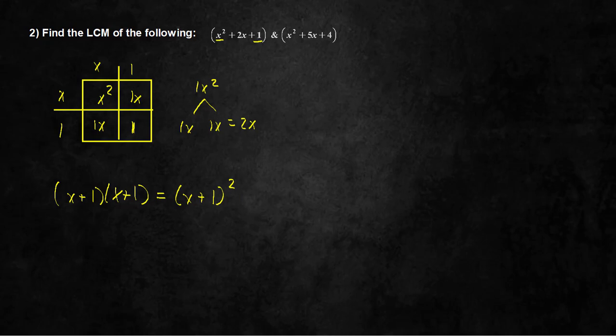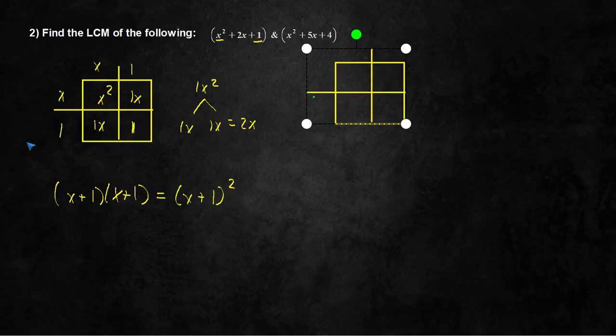Now we're going to do the same thing, but we are going to use the second one. And so we're going to be using the x squared plus 5x plus 4, so that's going to give me x squared, 4x squared. So to multiply to give me 4x squared, that will add to give me 5x, that's going to give me 1x and 4x.